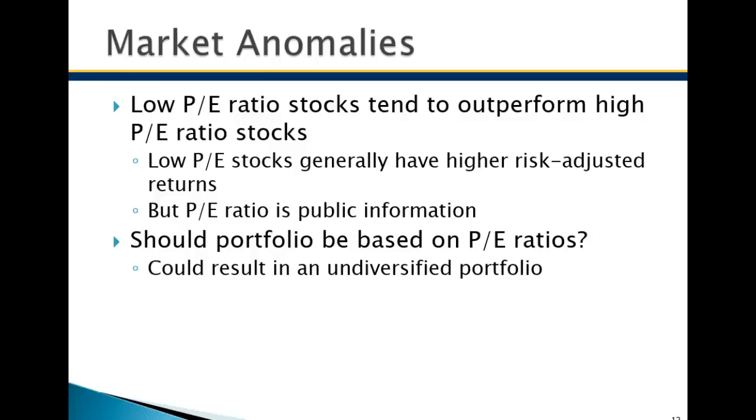And PE is public information. It's known every day. So taking, say, the S&P 500 and buying the 50 stocks in the S&P 500 that have the lowest PE ratio significantly beats the 50 stocks that have the highest PE ratio in these previous studies.